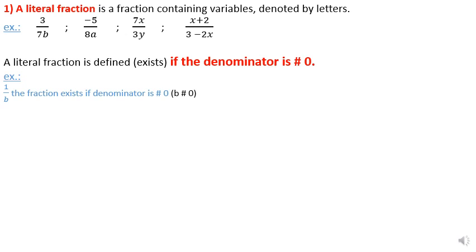So what I'm going to write is: the fraction exists, or the fraction can have an answer, if the denominator is not 0. So b is not 0. Every time you're going to take this condition just to deal with the fractions properly. You take the denominator different than 0, so b is different than 0. When I say different, it means not equal to 0.